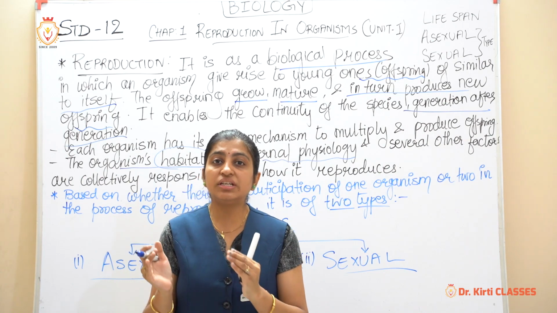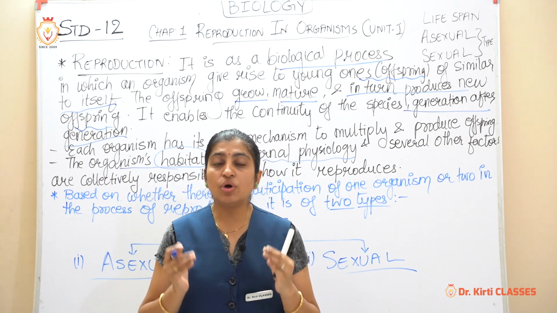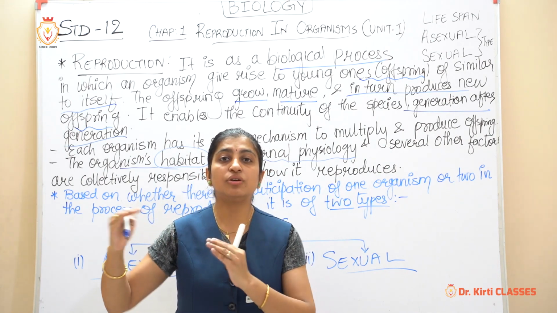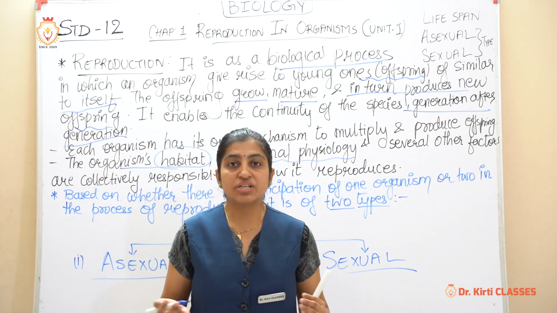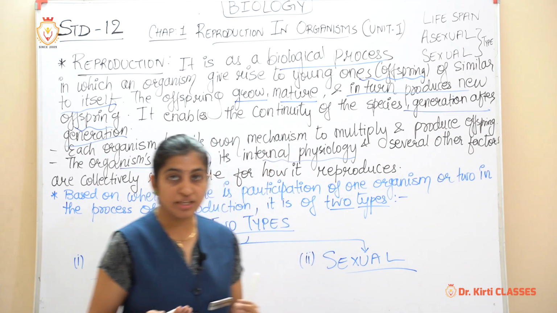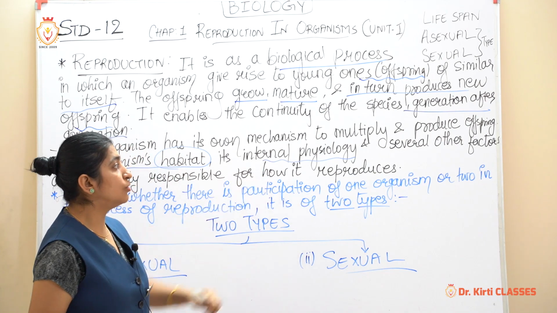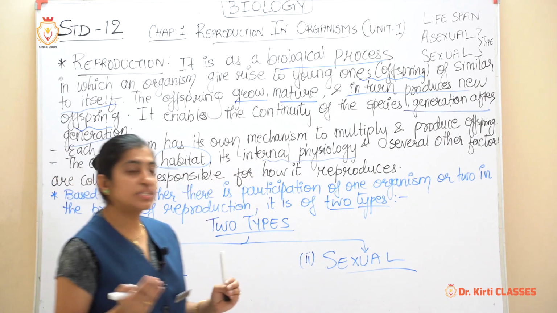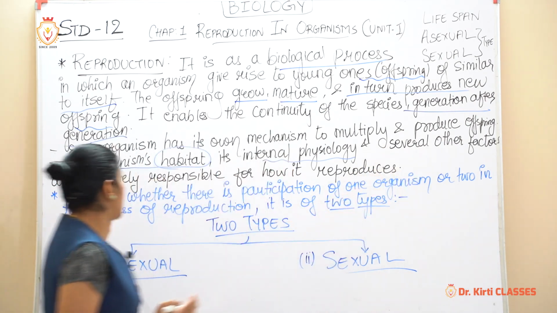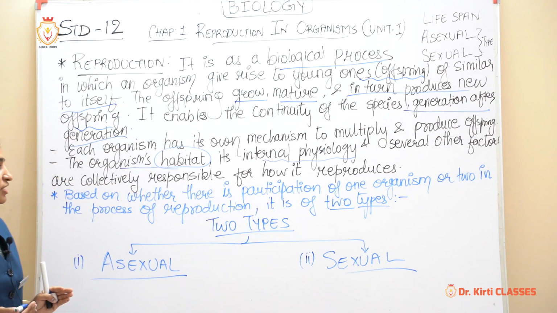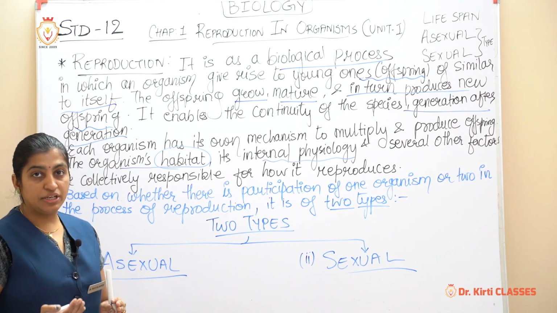So according to the level of development of the living organism, reproduction takes place in different and various kinds. According to their internal physiology and several other factors, which are collectively responsible for how it reproduces.